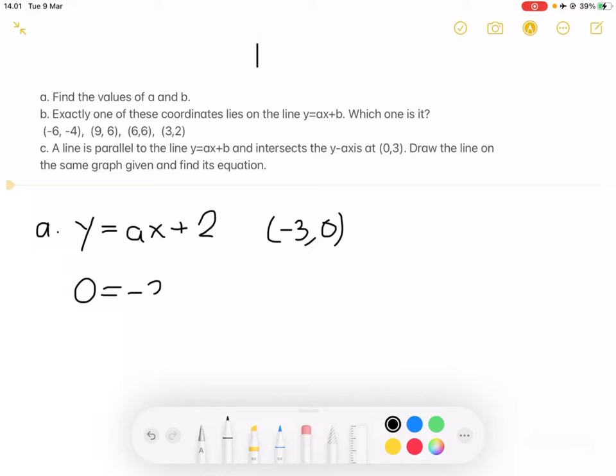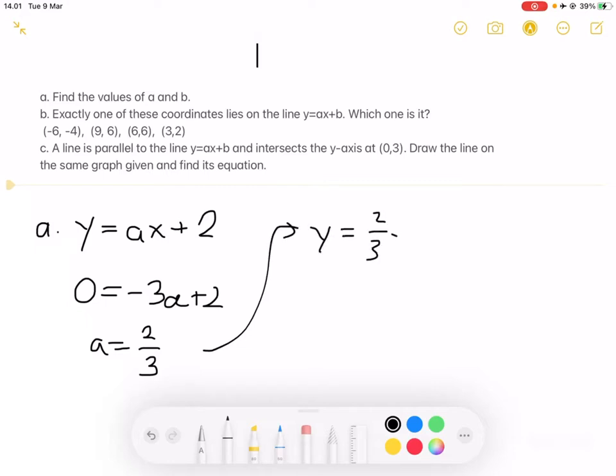So it will be 0 is equal to negative 3a plus 2. And that will give us a is equal to 2 over 3. So then our final equation will become y is equal to 2 over 3x plus 2, with a, which is the gradient, being 2 over 3 and b being equal to 2.